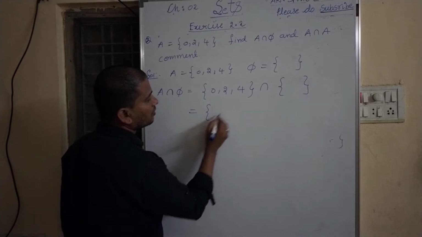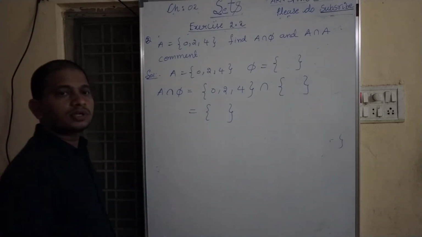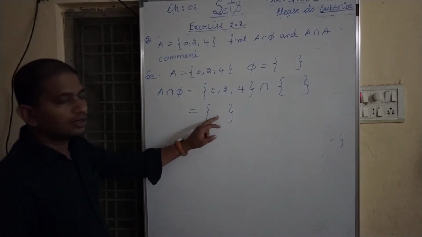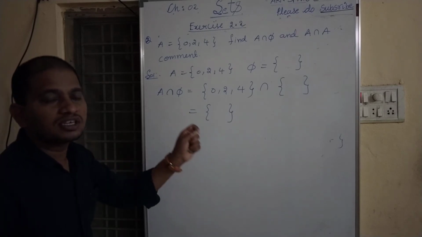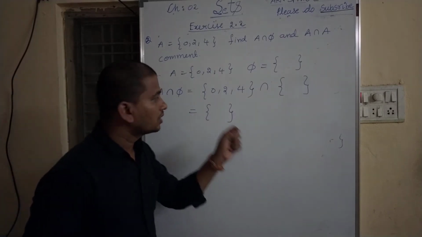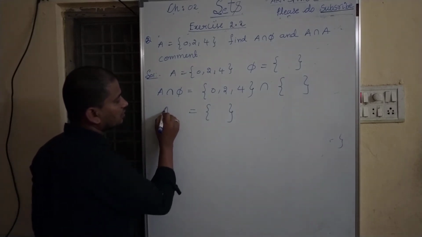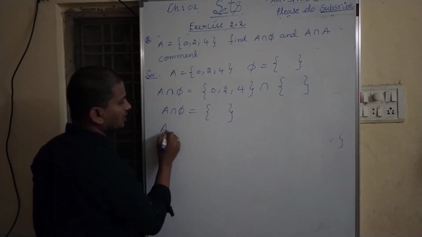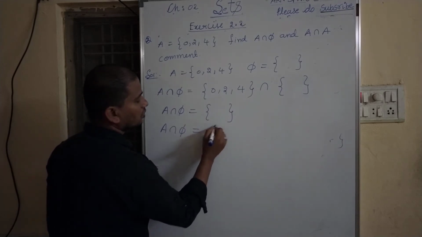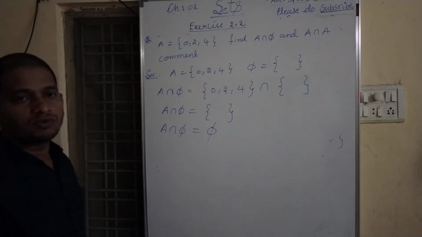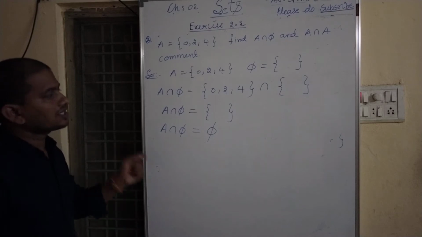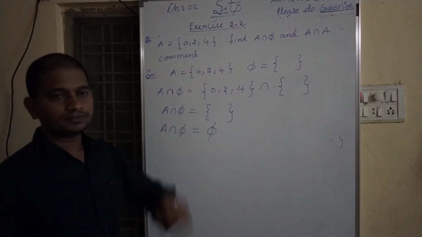Again, intersection means common elements. There are no common elements here. So from this what we understood is that A intersection pi is equal to pi.